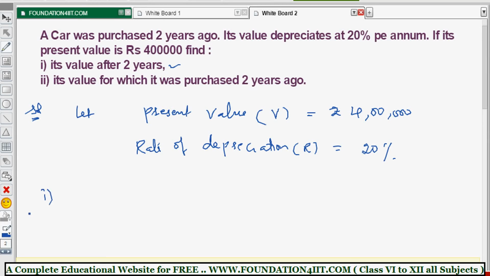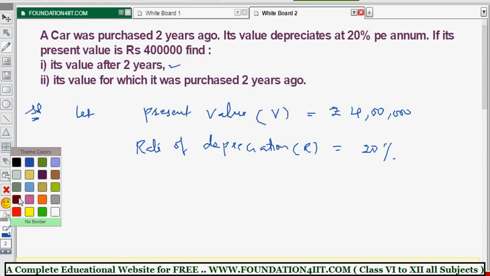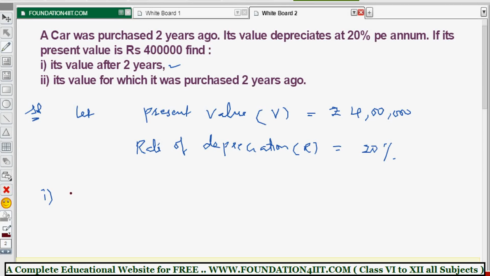Right? So first one. So value of the car after 2 years. So after 2 years means you just take 2 in the place of n.